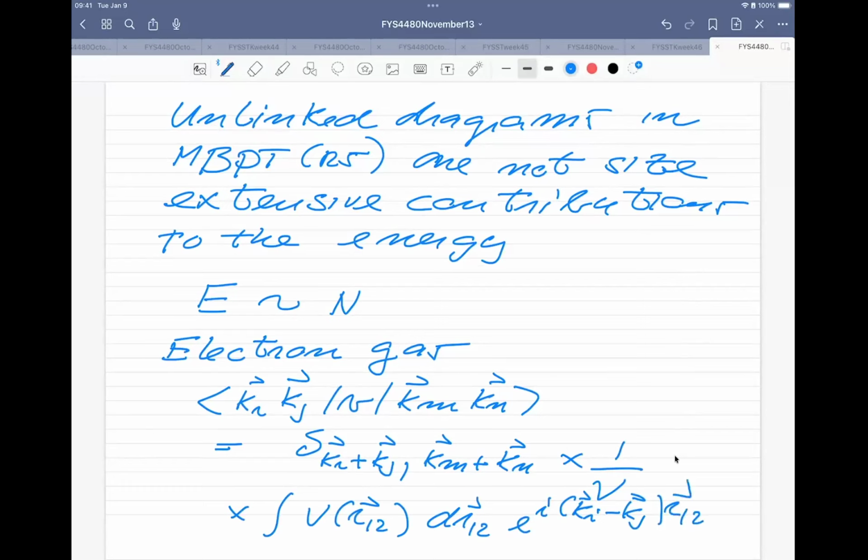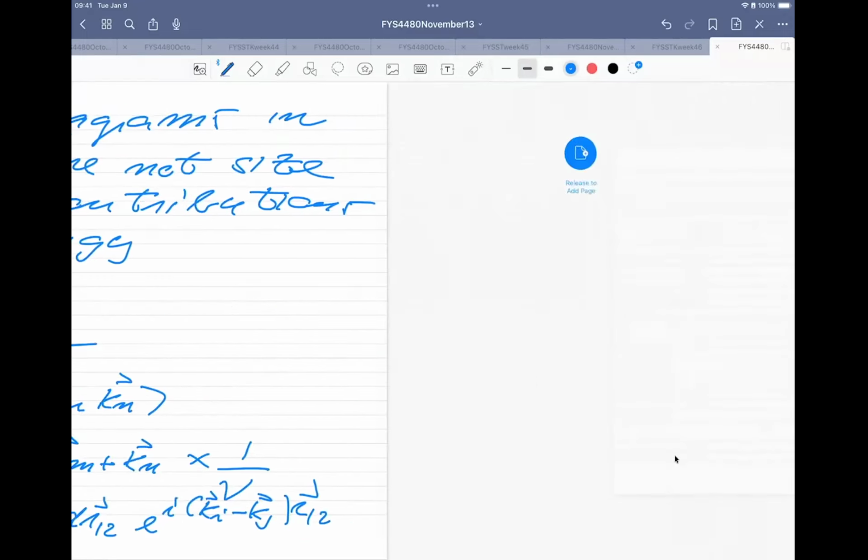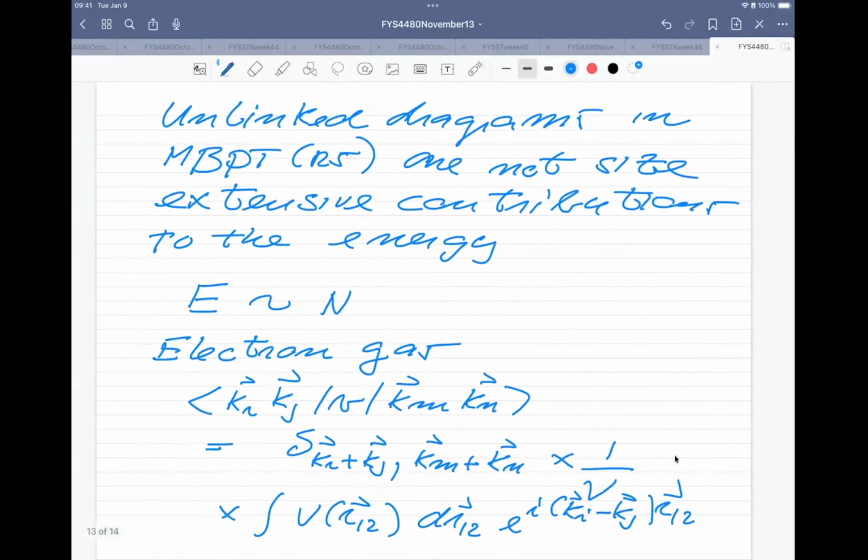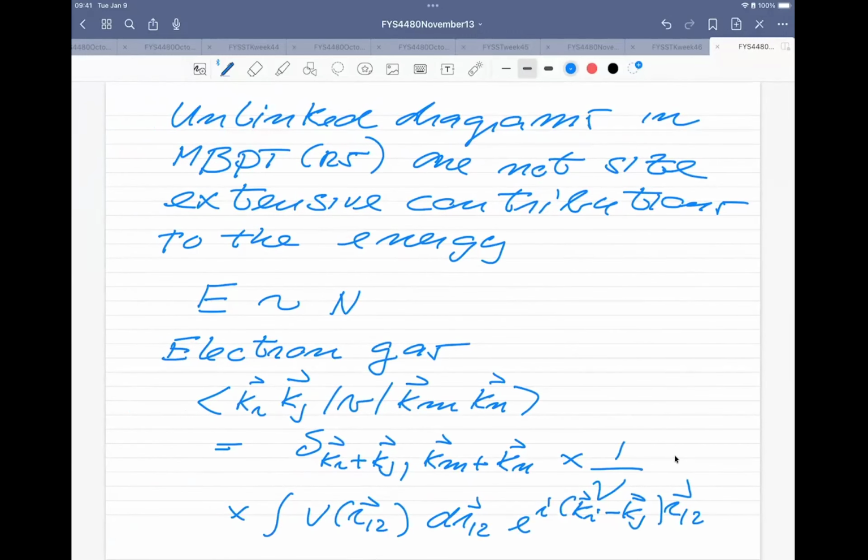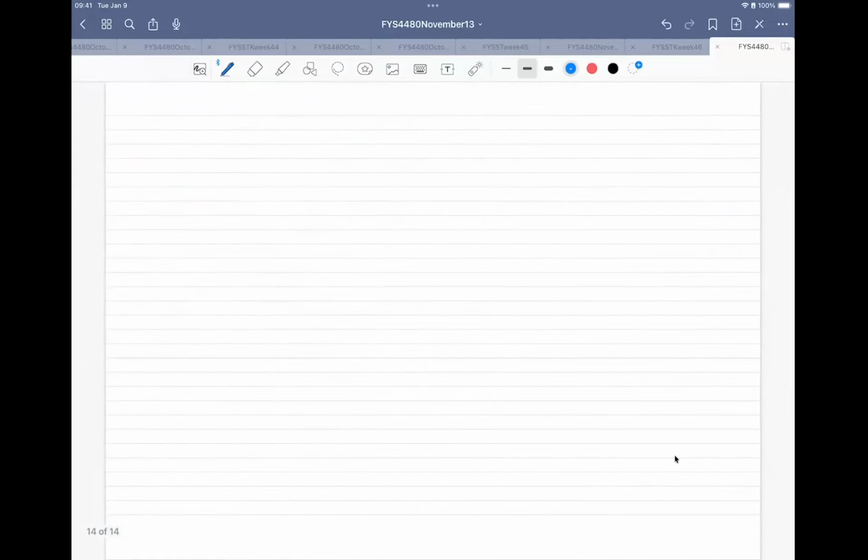Now, this is an integral which we can evaluate. And when we did that, we found that this specific term is proportional to 1 over the volume. So I'm taking away the Kronecker delta, and I'm assuming that the integral can be evaluated.